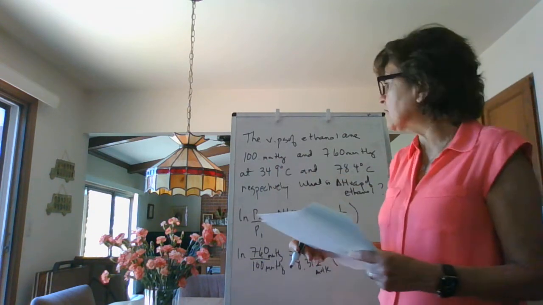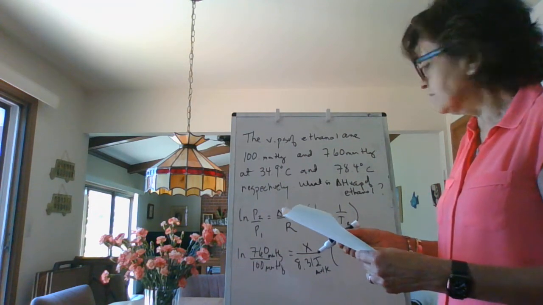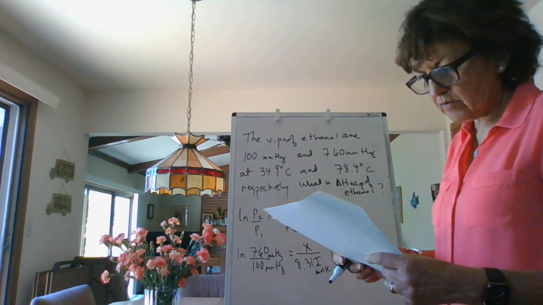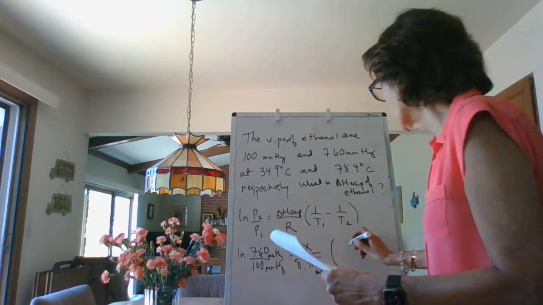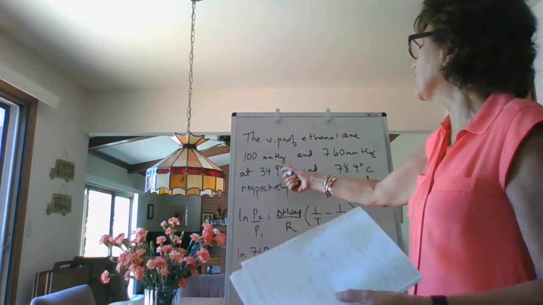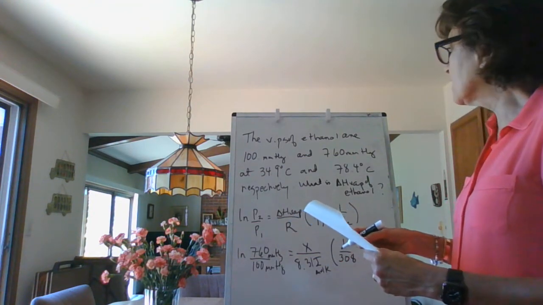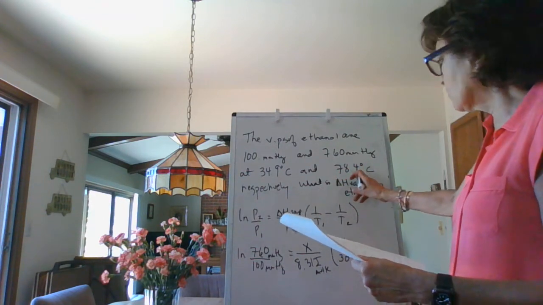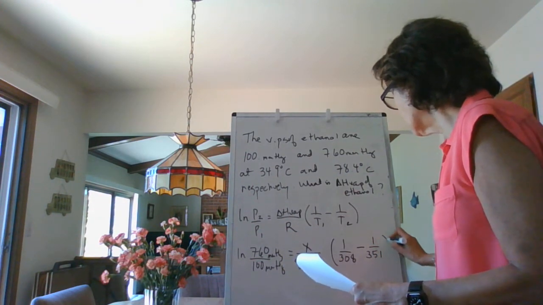So 34.9, we're going to have to convert that to Kelvin. I've just rounded it up to 308, so good enough. 1 over 308. So 34.9 rounded up to 35, add 273, so 308, minus, now for T2, I take my 78.4 and add 273 to it, and that's 351, 1 over 351 Kelvin.